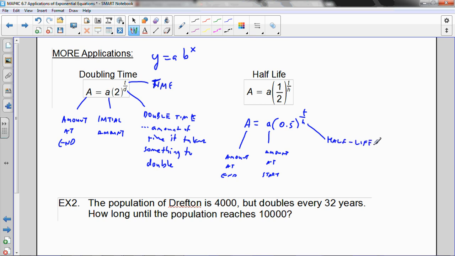Half-life is often used in radioactive substances that are decaying. Radioactive substances decay, and it's how long it takes for an object's size, whether it's mass or value or population, whatever, to decay to half its amount.